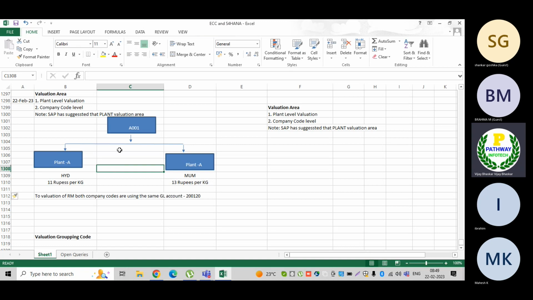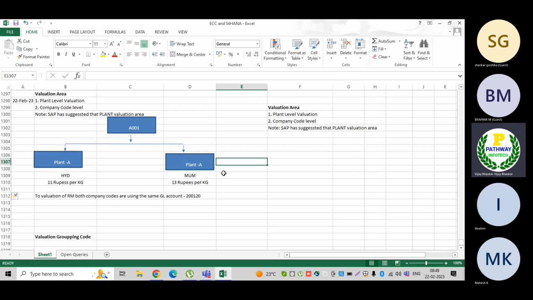So that is the reason SAP has suggested that you always perform the valuation at plant level. If we perform valuation at plant level, your plant is nothing but your valuation area.